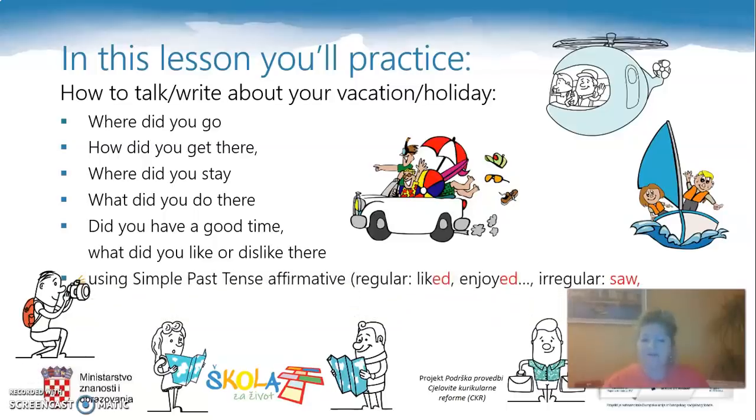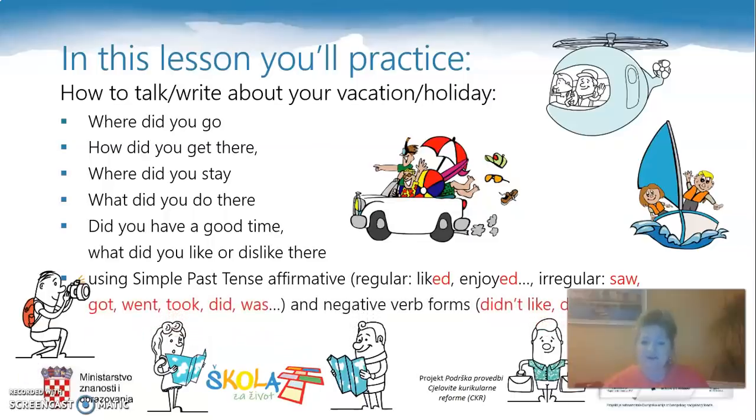But we have to pay attention that if we talk about past events, we have to use some of past tenses. Today we'll use simple past tense, affirmative and negative forms. When we talk about affirmative forms, we'll use regular, liked, enjoyed, traveled, and so on, and some irregular forms.